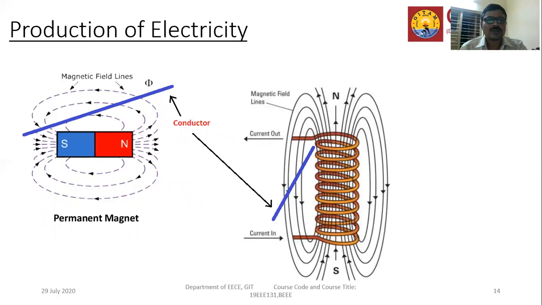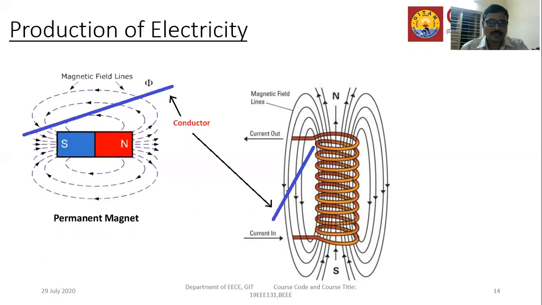Let us see how electricity is produced in a generator. In this slide, again I have kept a permanent magnet, in whose field a conductor is placed. Again, on the right side, there is an electromagnet, and in the field of this electromagnet also I have kept a conductor. The blue line shows the conductor, right?